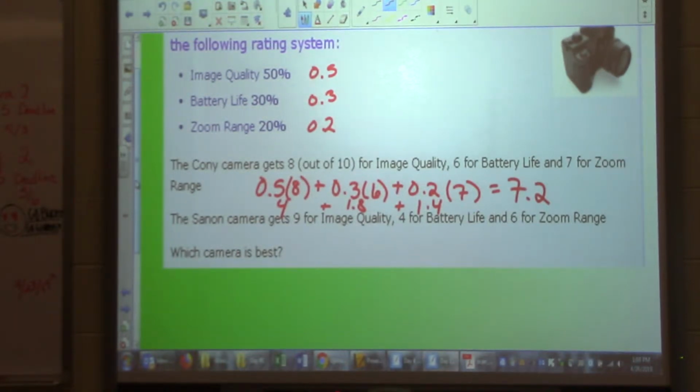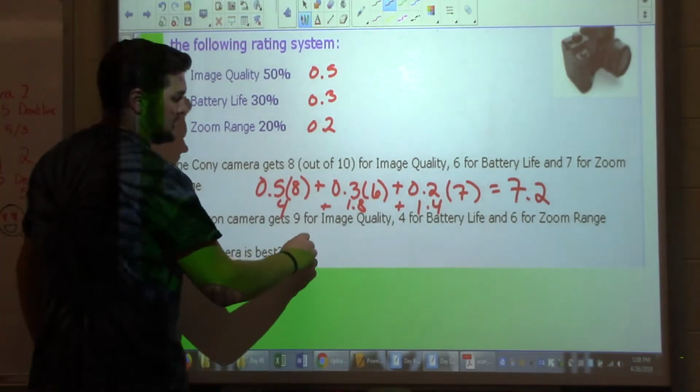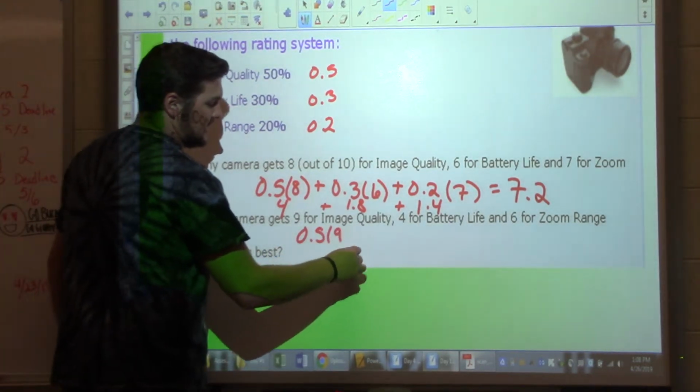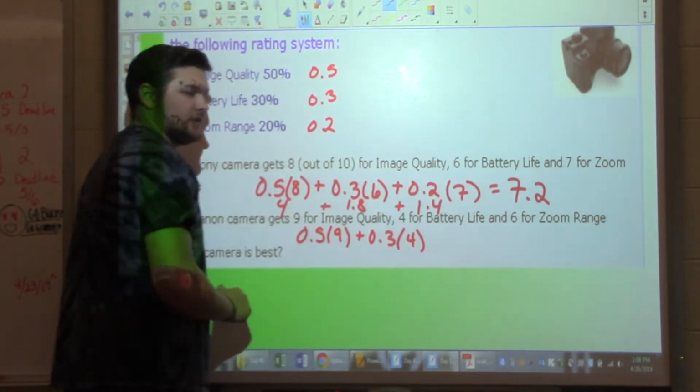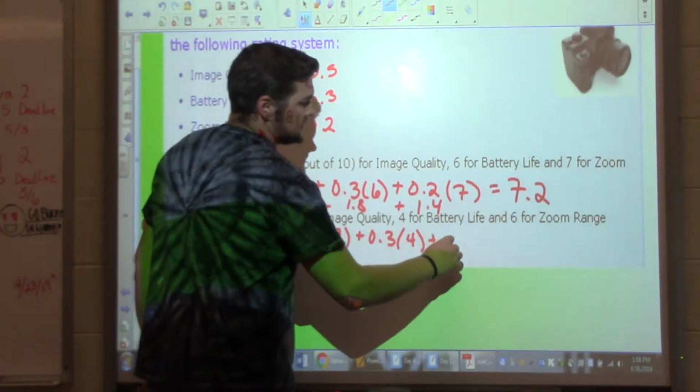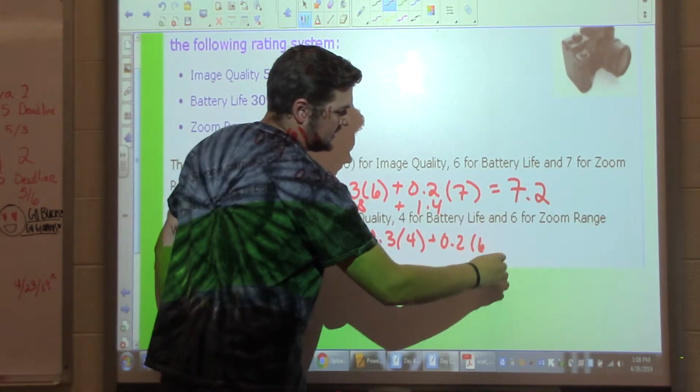Now to figure out which one's better, I'm going to do the same thing for the Sanon. The Sanon gets 9 for image quality, so 0.5 times 9, plus 0.3 times 4 for battery life, plus 0.2 times 6 for zoom range.